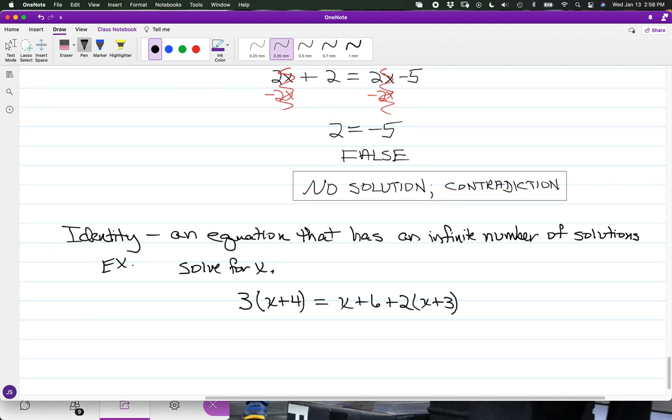Okay. So for what we have here on the left, we have 3 times the quantity of x plus 4, so we have 3x plus 12.